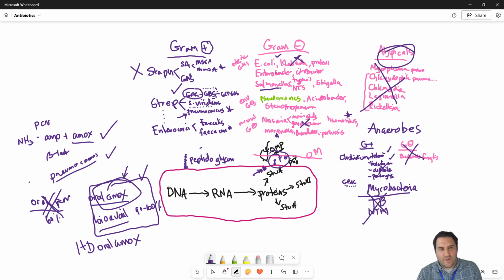In fact, there are still Salmonella strains that are penicillin susceptible, or ampicillin susceptible, that we find. There's still E. coli that are susceptible. So I've treated plenty of urinary tract infections with good old amoxicillin or ampicillin, just because it happens to be susceptible.